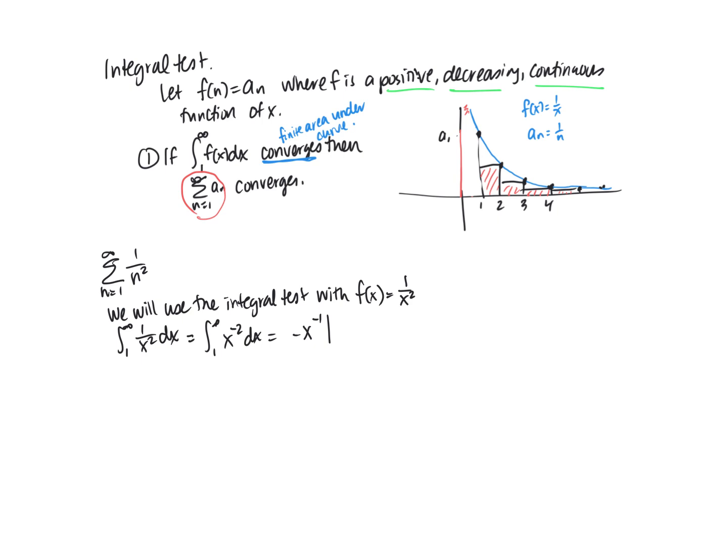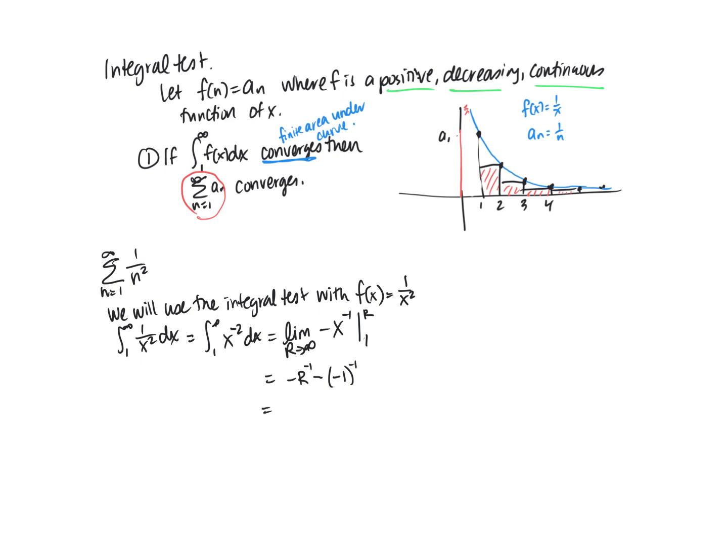So what we need to do here is take the limit as r goes to infinity of negative x to the minus 1 from 0 to r. So let's go ahead and plug that in. I have minus r to the minus 1. Oh, whoops. My bottom bound is not 0, it's 1. I was like, what? Okay, that kind of freaked me out there for a bit. So minus, and then I have minus 1 to the minus 1.